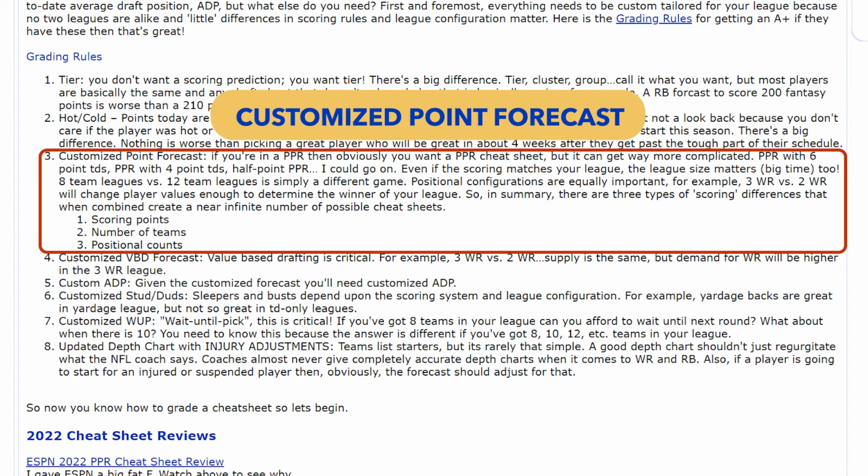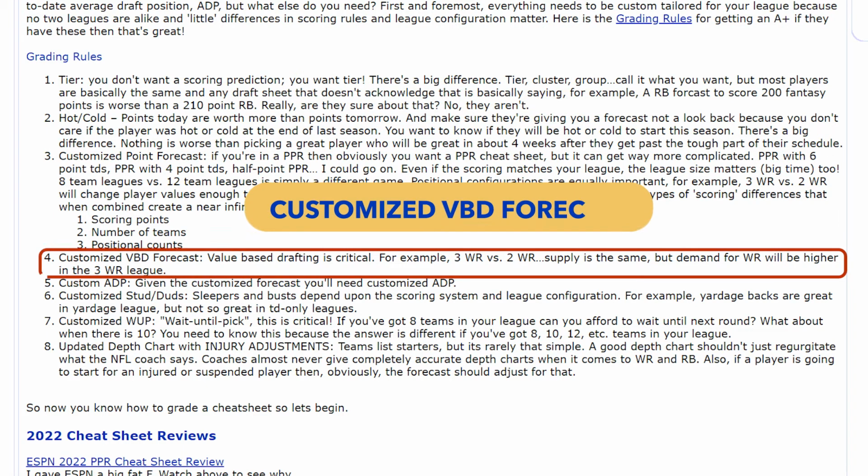Customized for your scoring system. This is customized for a specific scoring system. If you have any difference from that scoring or league setup, you have 8 players or 12 players, the whole thing's useless. Customized VBD. So VBD, that's the other part. It's if you have a flex scoring versus non-flex, and you're looking at one that has flex scoring, also makes it useless.